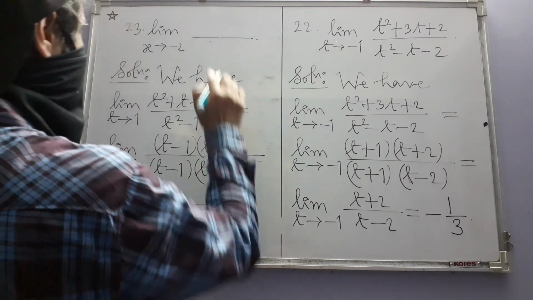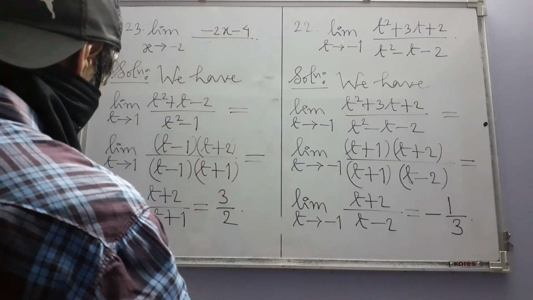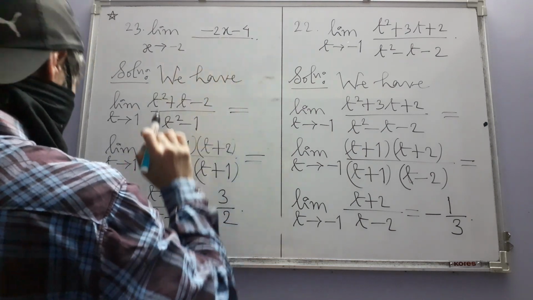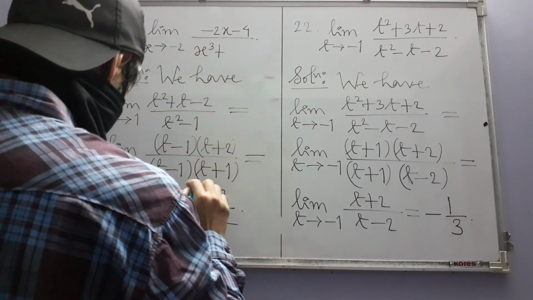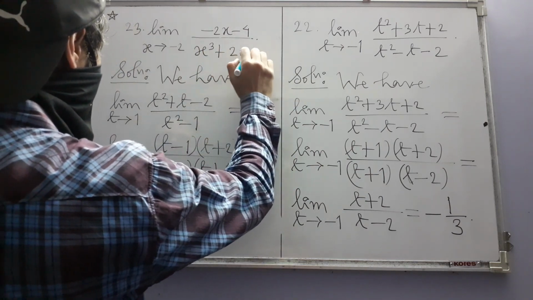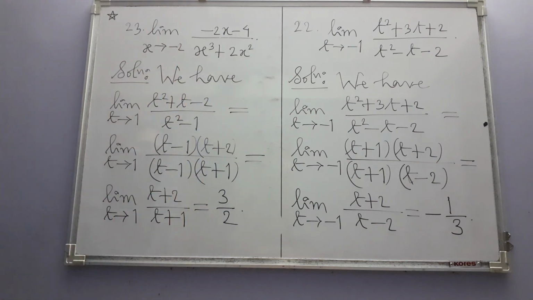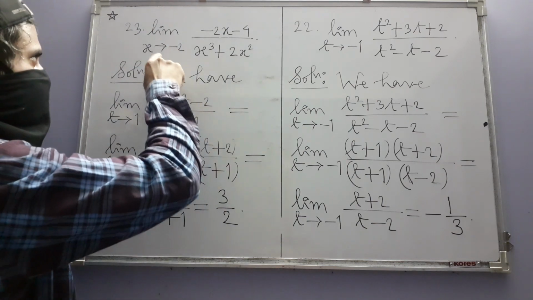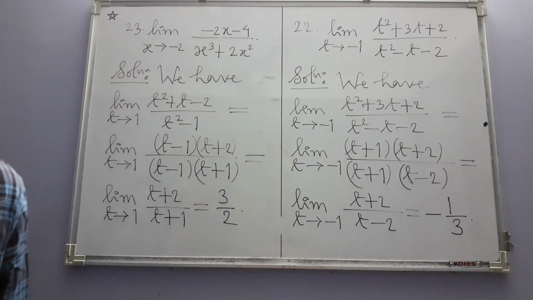The numerator is this linear polynomial minus 2x minus 4, and the denominator is this cubic polynomial x cubed plus 2x squared. No problem, we just have to see that we get x plus 2 in both the places.